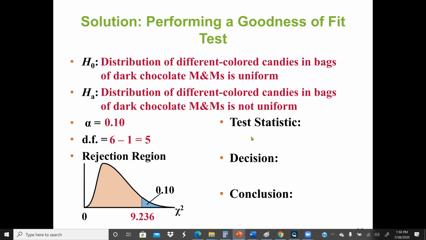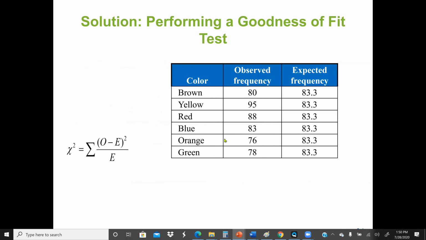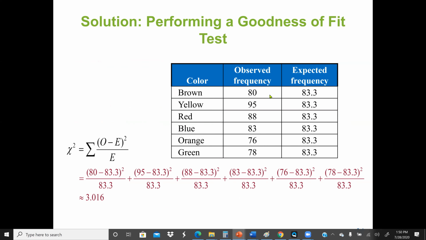So now we do our test statistics, the same concept. Since we have 6 categories, we are going to find 6. So the first one will be 80 minus 83.3 all squared divided by 83.3. Plus the next is 95 minus 83.3 all squared divided by 83.3. Then red will be 88 minus 83.3 all squared divided by 83.3.